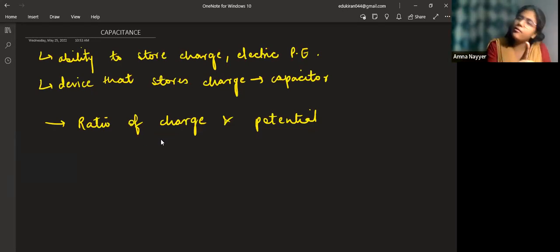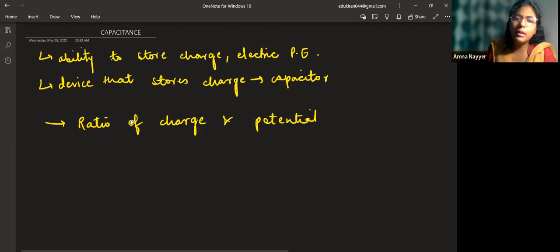Now, one basic formula of capacitance is required, which will lead to the creation of other formulas that you can derive by yourself also. But just remember this basic formula, which is written also on the screen, the ratio of charge and potential.